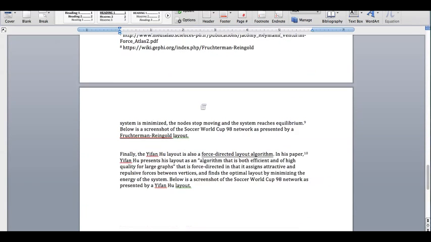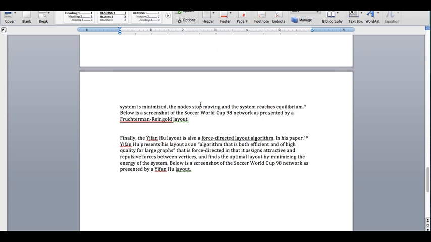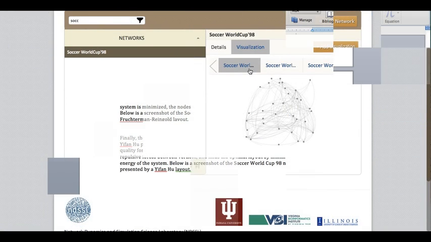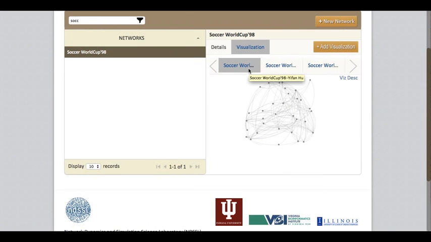And then Yifan Hu assigns attractive and repulsive forces between vertices and finds the optimal layout by minimizing the energy of the system. So here we have a graph in Yifan Hu.